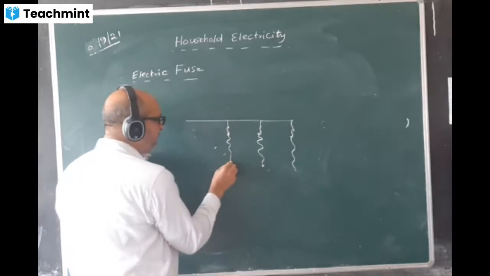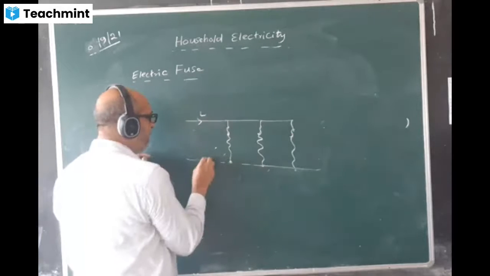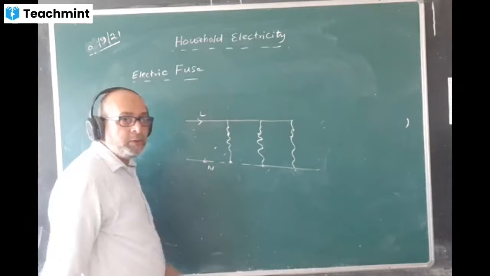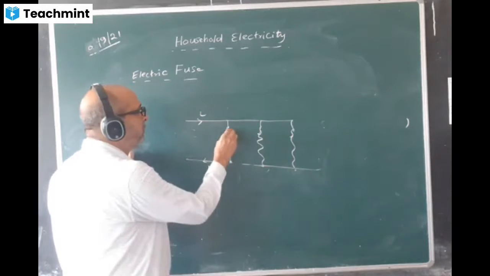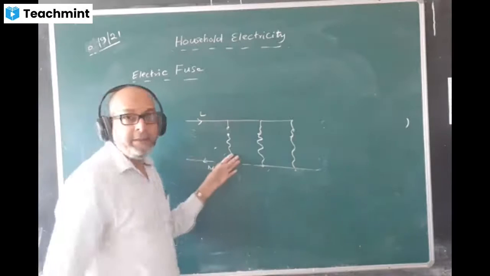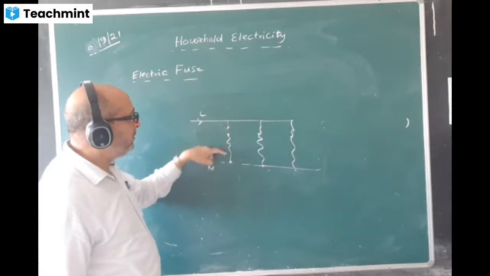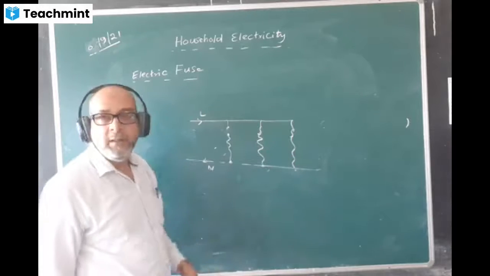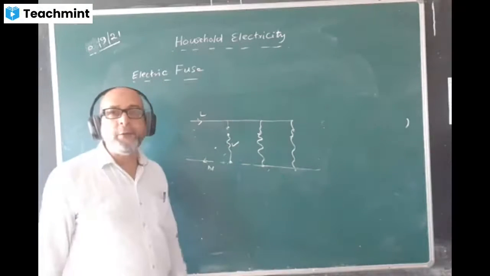Here is an appliance receiving current, this is live, this will be neutral. Suppose we connect one fuse here, another fuse here. If this fuse blows, only this appliance is protected. Here the high current is coming, current divides. But if you connect a fuse here, only this appliance is protected.